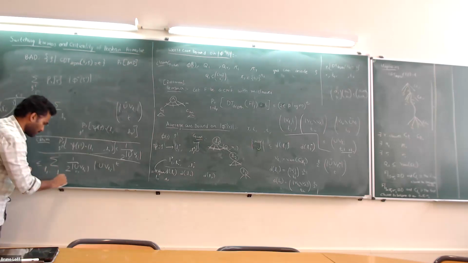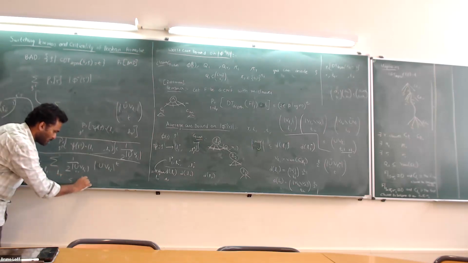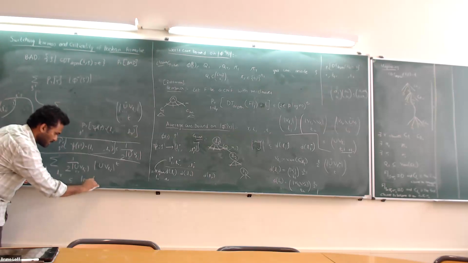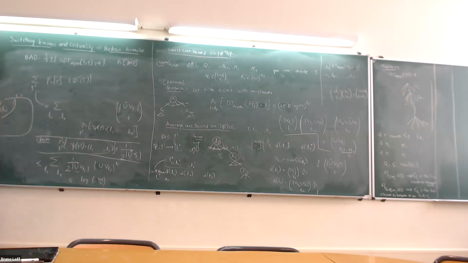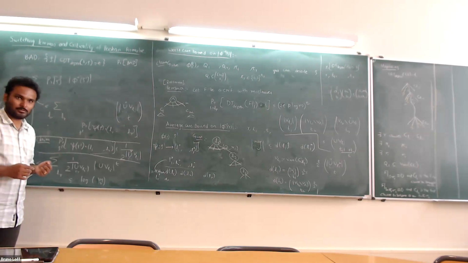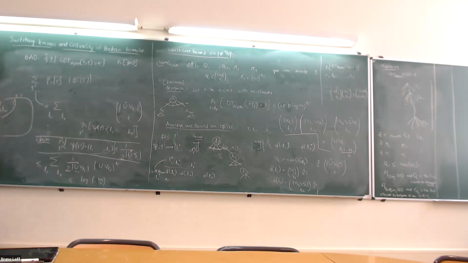And this is upper bounded by log of the support. If you think of that as a probability distribution, then this is like the expected value of t times log of the probability.